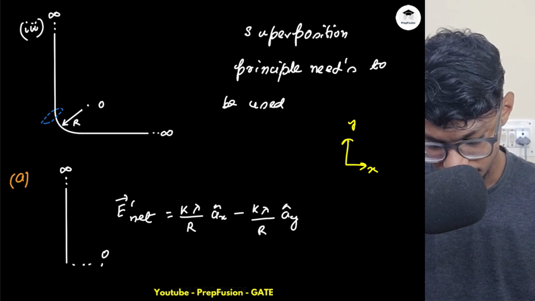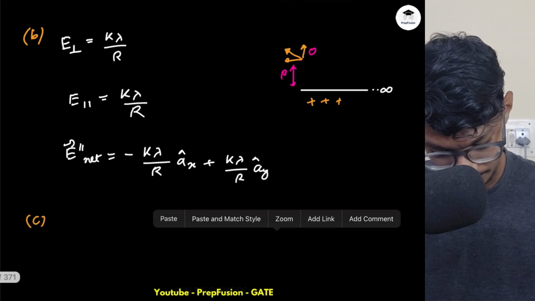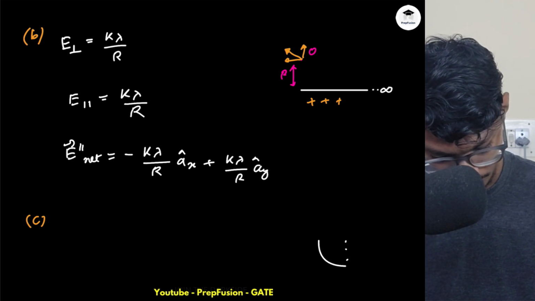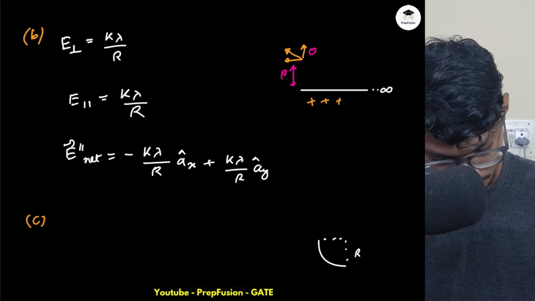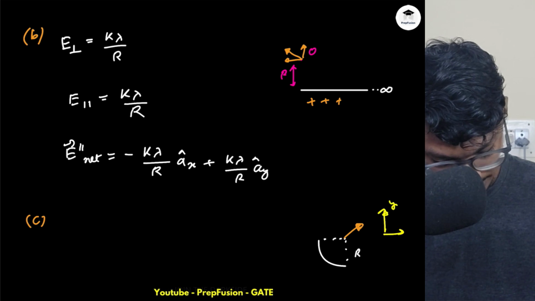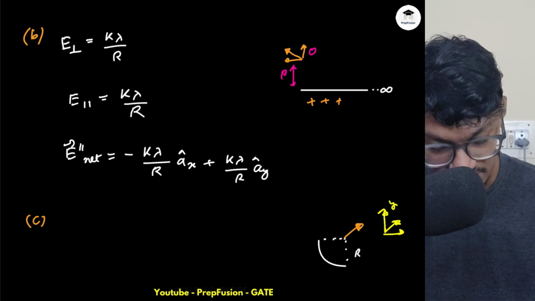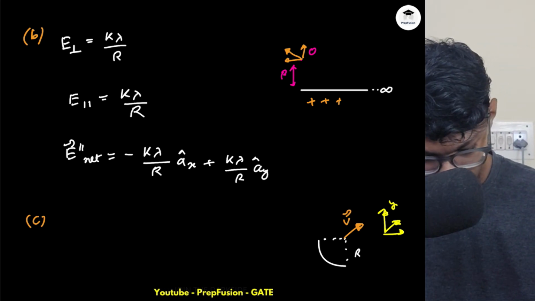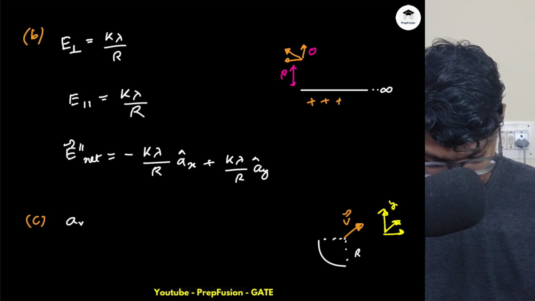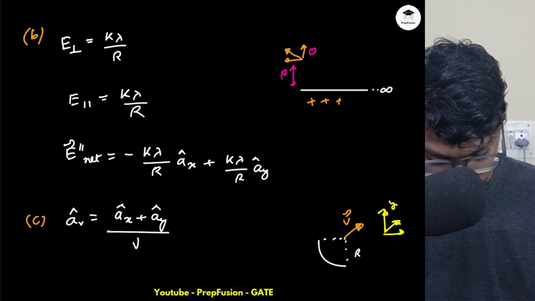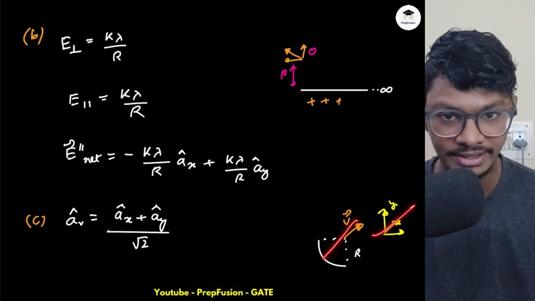If I just copy this portion, it will be somewhere here, right? This is my x, this is my y, and somewhere here means this direction is ax cap plus ay cap. So the unit vector along this direction will be simply ax cap plus ay cap divided by root 2. I hope you understand, right? It is just a bisector, simple thing.